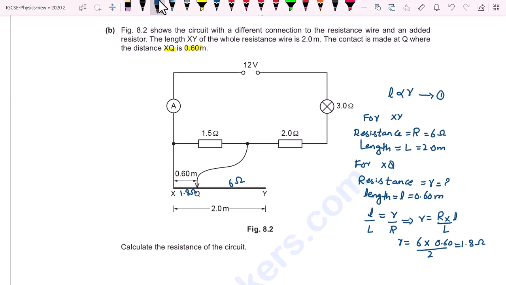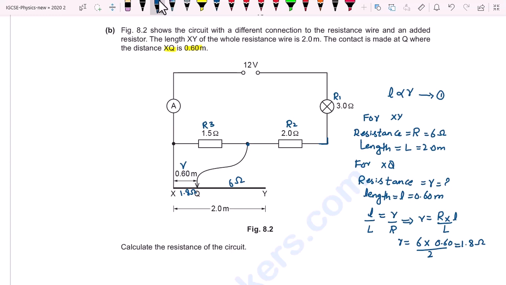If I label it with R1, this resistance is R2, this is R3, and the resistance between them is small r. So you can see that starting from R1 and moving towards the left side, R1 and R2 are in series, and there is another point here where there are two paths in which current can flow.